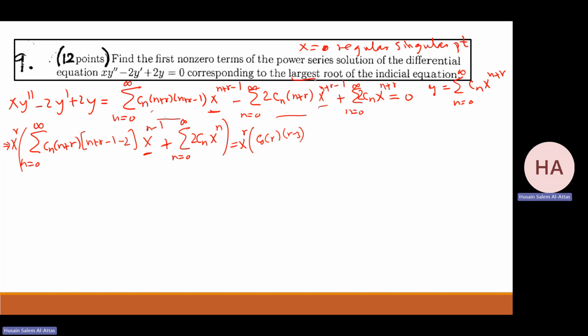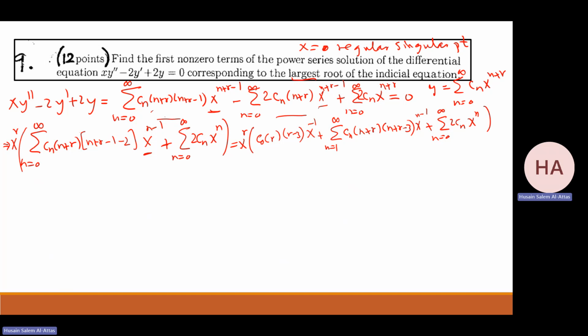Consider the largest, so r equals 3. So c_0 r (r minus 3) x to the power minus 1, plus this starting from 1, c_n (n+r)(n+r-3) x to the power n-1, plus summation n equals 0 to infinity, 2 c_n x to the power n.